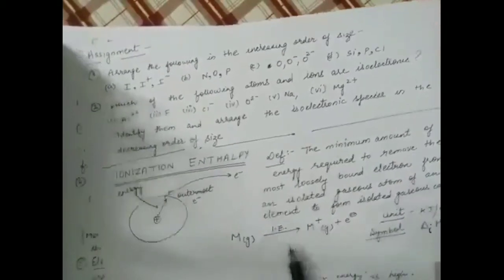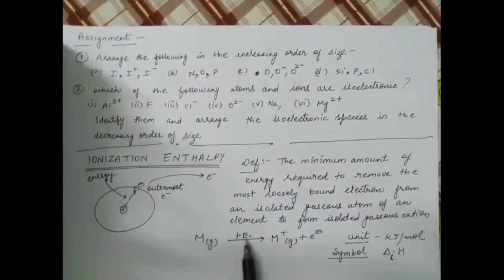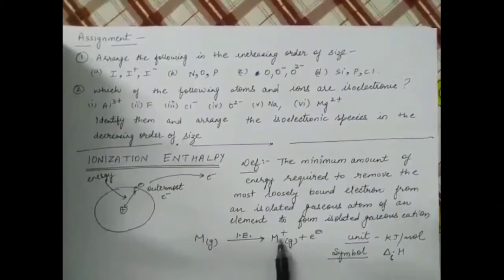So this equation is representing it. Now M is in the gaseous state, IE means ionization enthalpy or the energy which I am supplying. It will change to M plus and an electron is lost. Now what is the meaning of the sentence isolated gaseous atom? Now listen carefully. If I want to remove an electron from an atom, first I have to change that atom to the gaseous state.